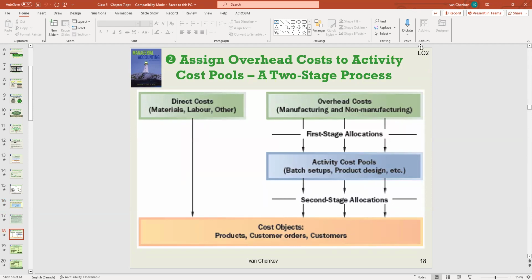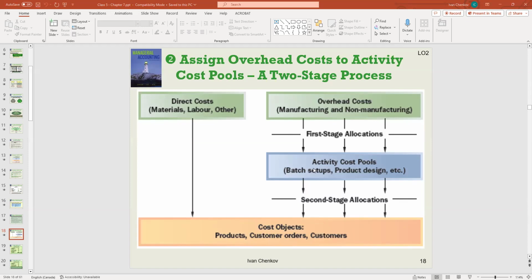That will be our first stage. So what did we do so far? We're not going to allocate material, labor, or direct cost. We're not going to try to allocate the direct cost. We're going to pull out the manufacturing overhead cost and the non-manufacturing cost, which is marketing and administrative expenses.